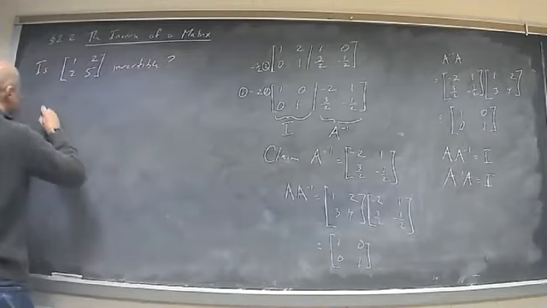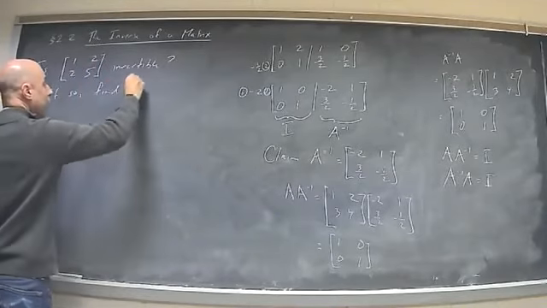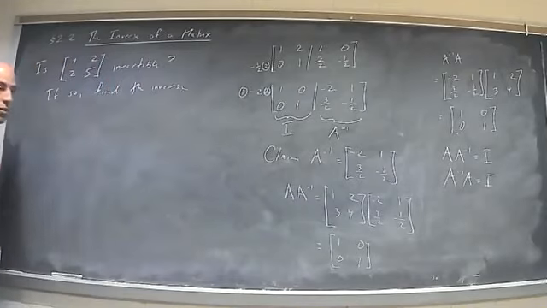If so, find the inverse. So do exactly what we just did with the previous matrix. Write this matrix down, vertical bar, then the identity, and row reduce till you get this one down to the identity, assuming you can.